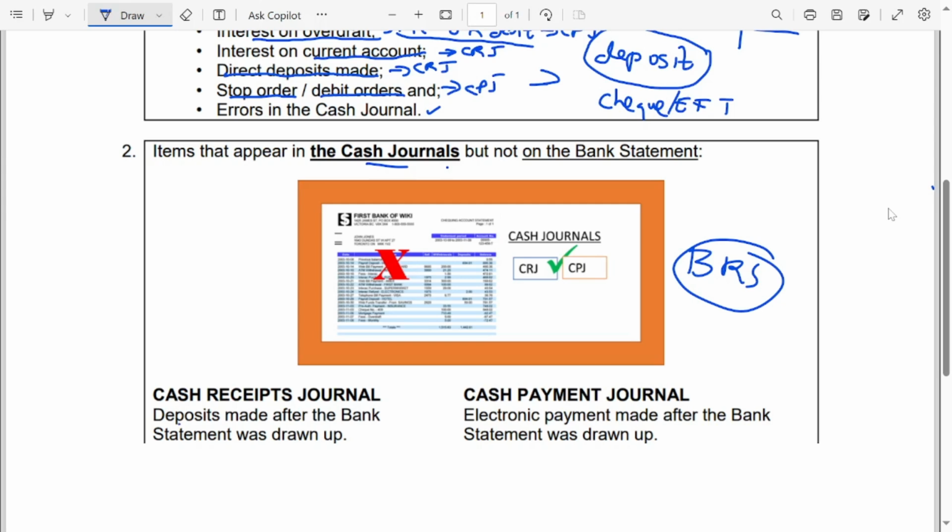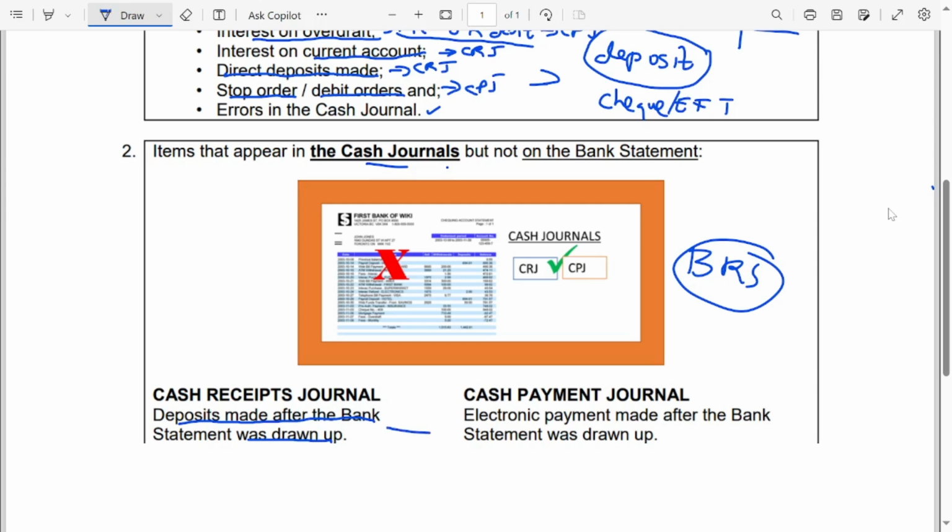So one of them is a deposit made after the bank statement was drawn up. Right? Other one, cash payment journal, electronic payment made after the bank statement was drawn up.